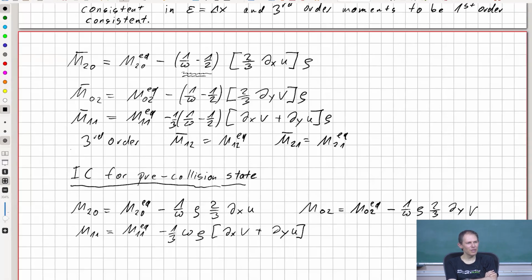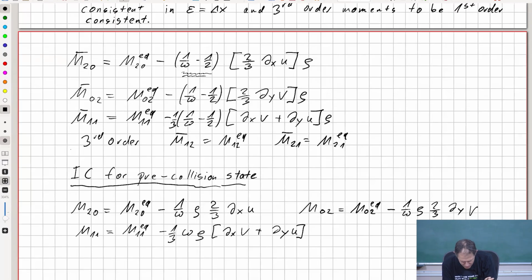You may use the microphone. Can we set the left hand side to equal 0? What's the left hand side? How do you want to set the left hand of what to 0? I mean, M20 or M11.